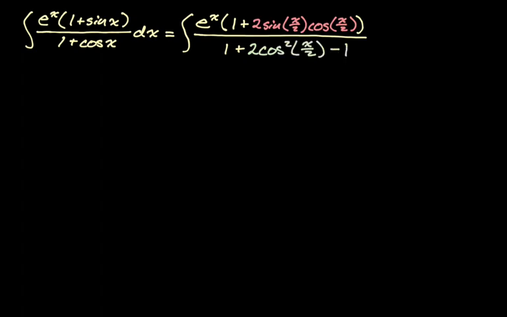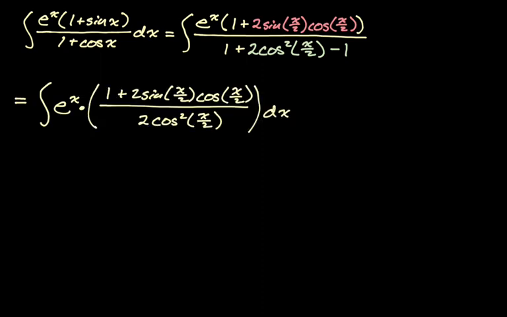What's really nice is in that denominator, the 1 and the minus 1 are going to cancel out. So in the next step, that's all I'm going to do. All that I've done is I changed the color, and in the denominator the 1 and the minus 1 are gone.